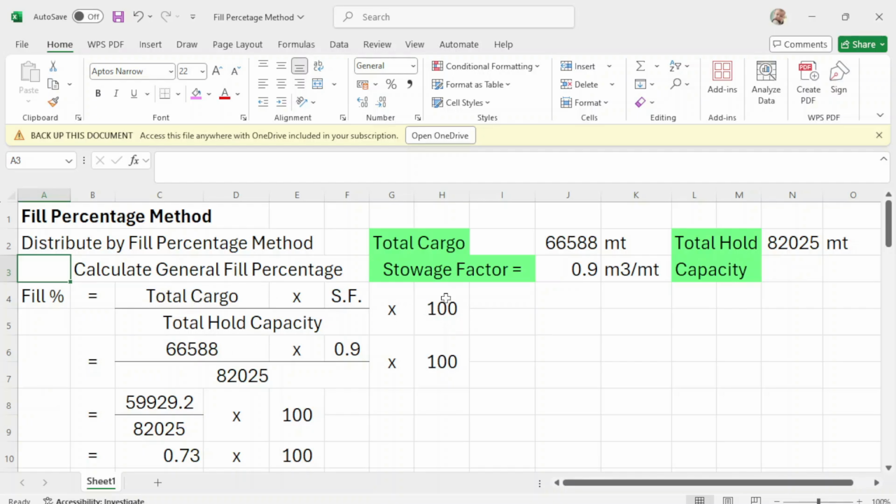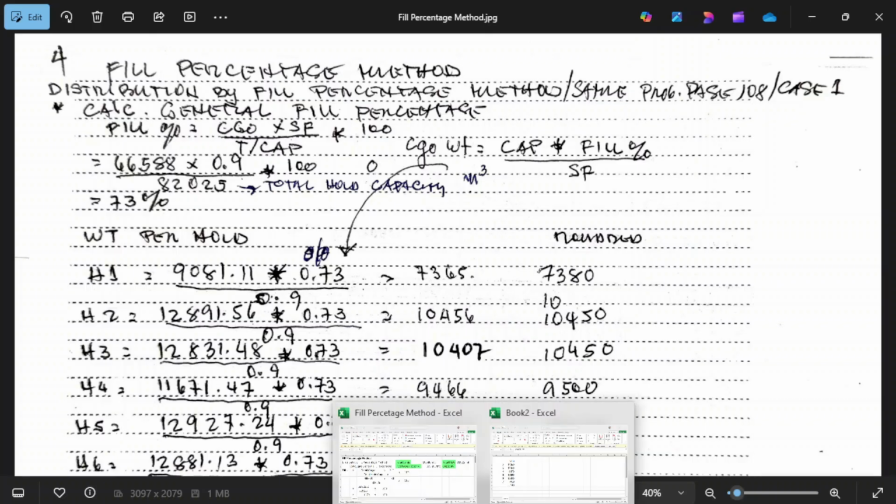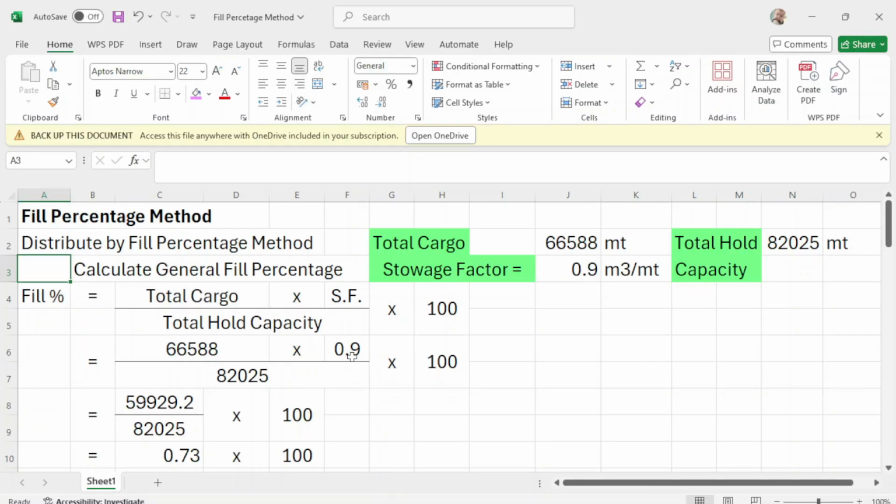So total cargo is 66588 times the storage factor of 0.9 cubic meter per metric ton, over your total hold capacity of 82025, times 100.